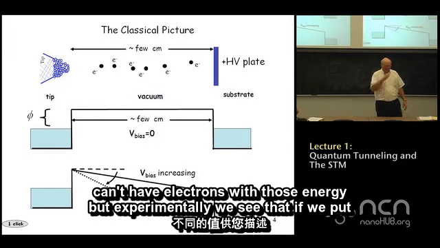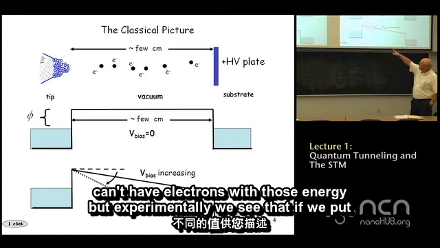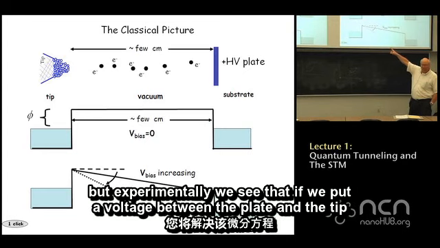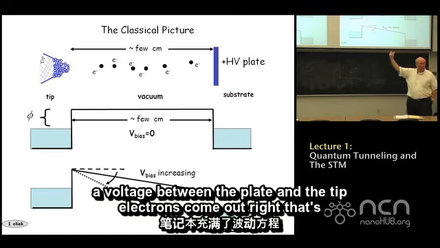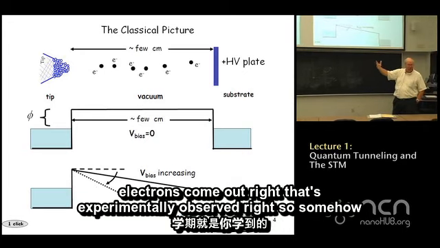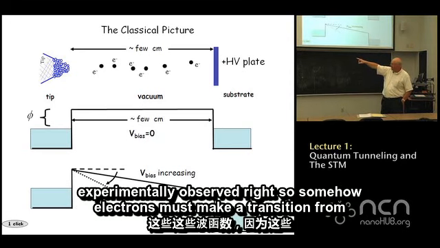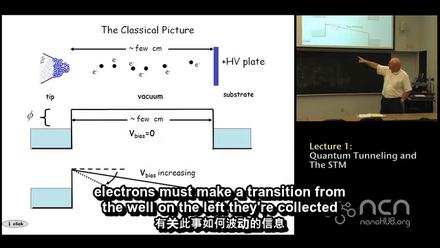But experimentally, we see that if we put a voltage between the plate and the tip, electrons come out, right? That's experimentally observed, right? So somehow, electrons must make a transition from the well on the left.